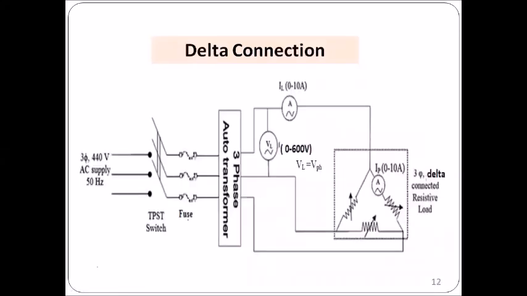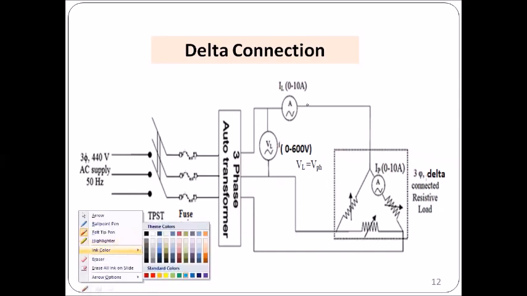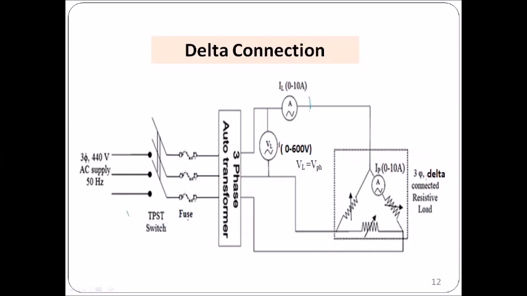So this is the delta connection. As already I have explained, for delta connection also, if you just look at the circuit, up to here it is the same. The circuit is the same as that of our star connection.